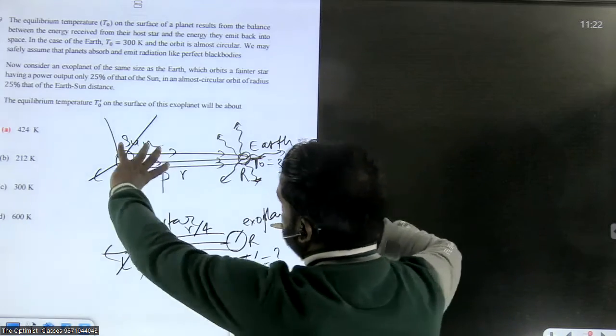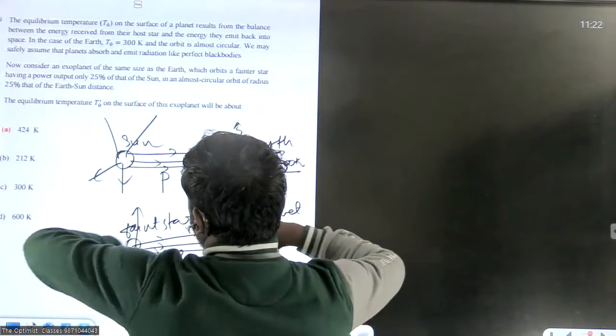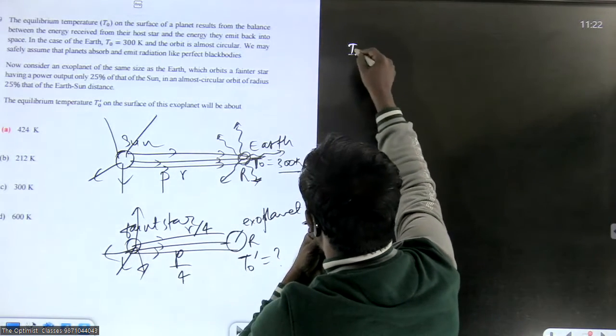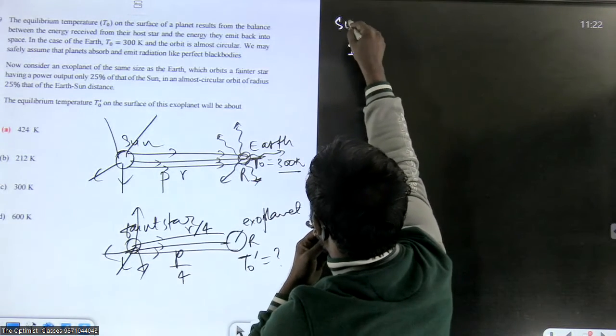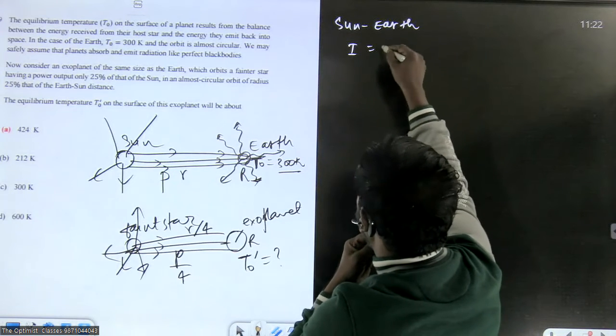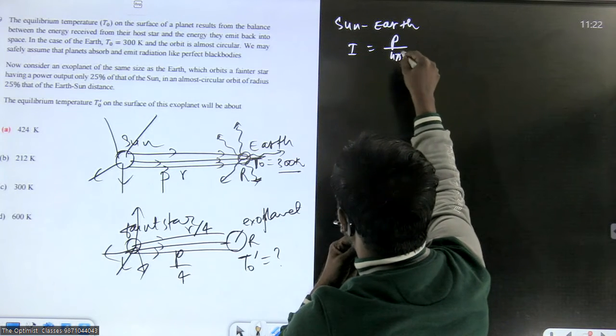See, this sun is emitting power P. That power is spreading in a wavefront of radius R when it is falling on Earth. So the intensity for sun-Earth we calculate first: intensity will be equal to power divided by 4 pi R square.